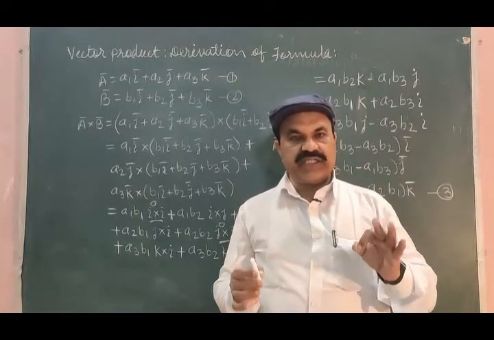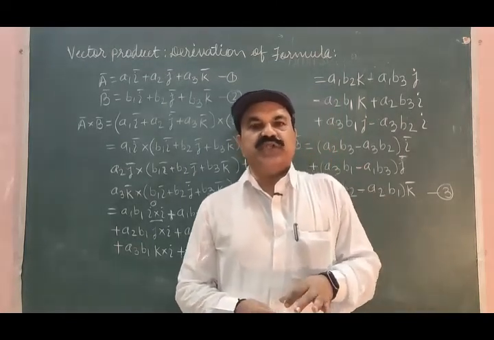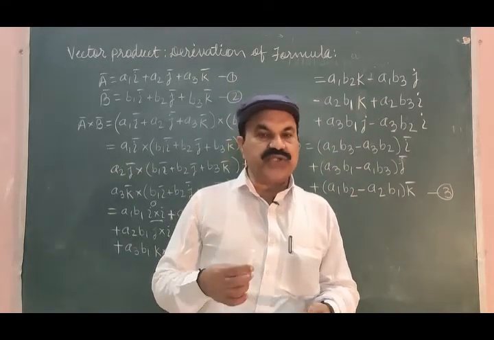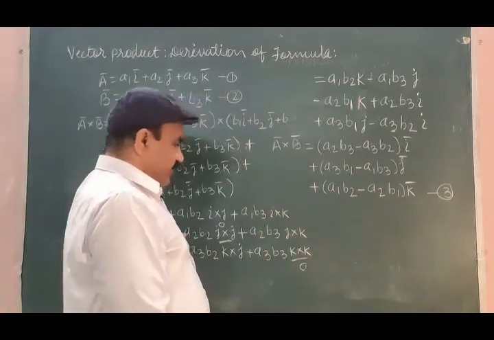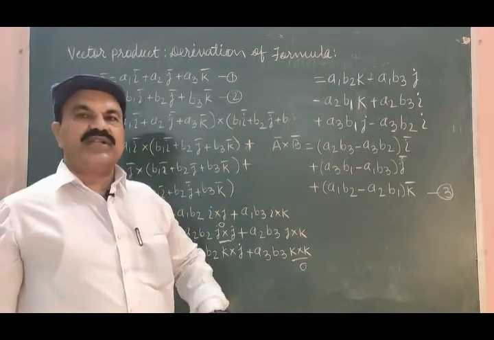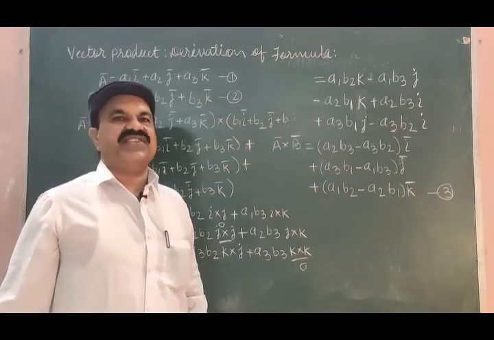Remember these 9 rules in terms of unit vectors, so that we can use them to carry out such vector products, and we can get the vector product of two vectors very easily.